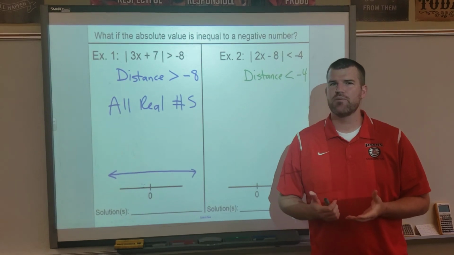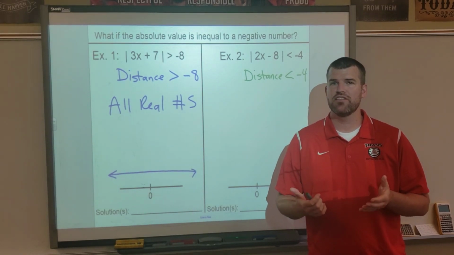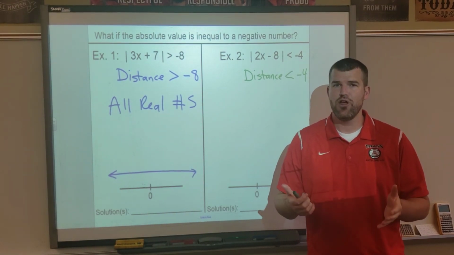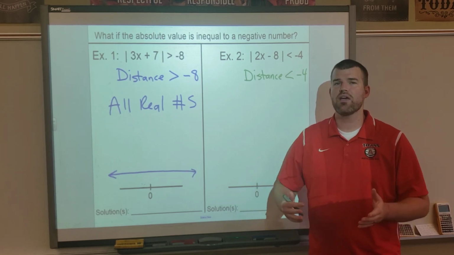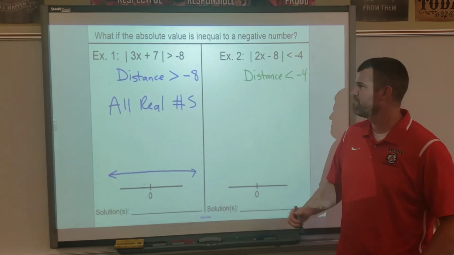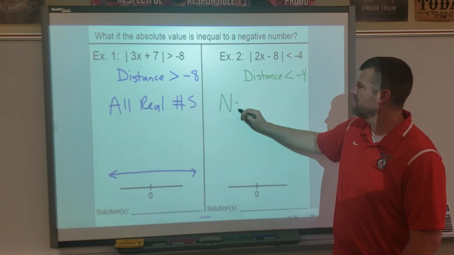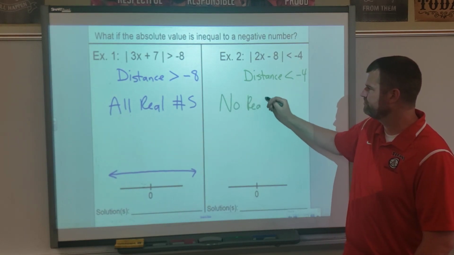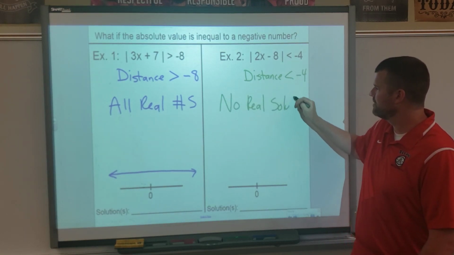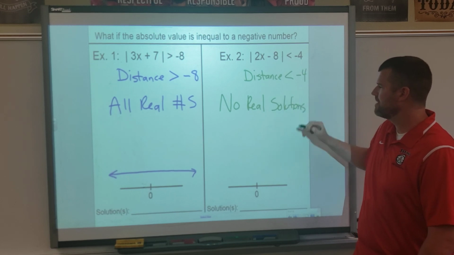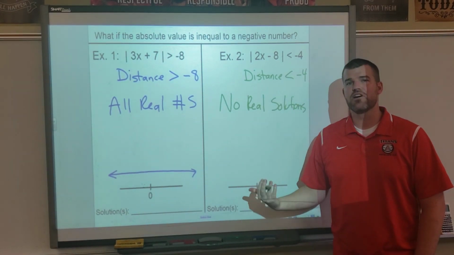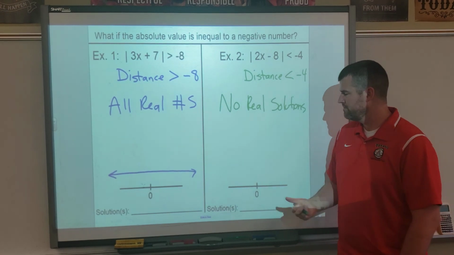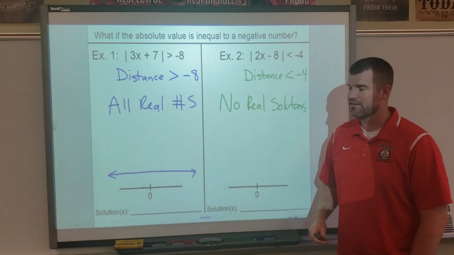Is a positive number ever smaller than a negative number? No. So there is no way we could possibly find an answer for this problem. So the solution would be that there are no solutions. No real solutions. So then how do I graph it if there are no solutions? You don't. You leave it blank.